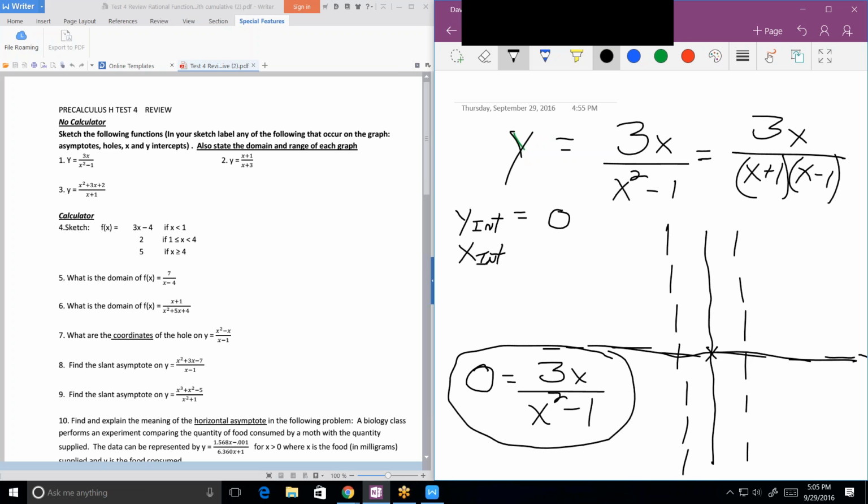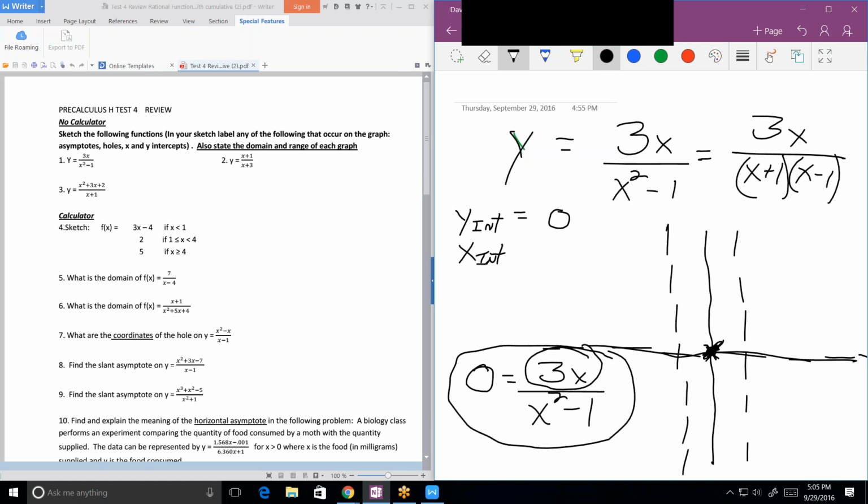We don't care what this denominator is. If this whole thing is to be equal to 0, well then that has to be 0. The only way you get a rational quotient to be 0 is if the numerator is 0. So that means my x-intercept is right there. Well, that's helpful. At least I know I now have a point that this thing goes through.